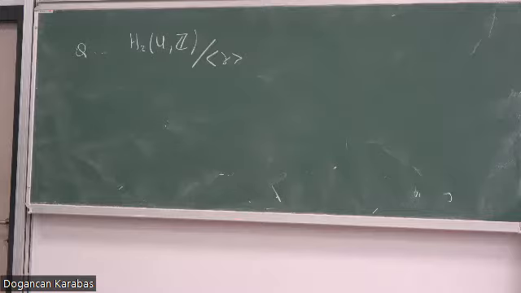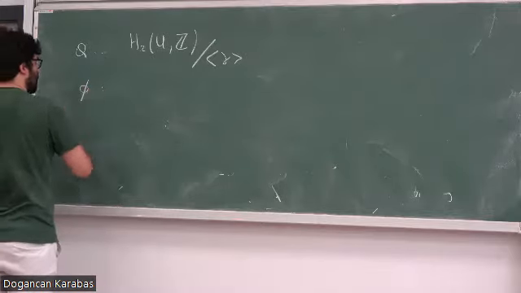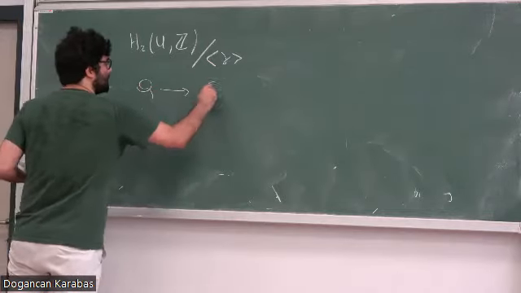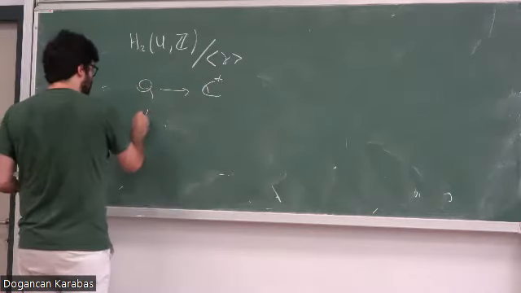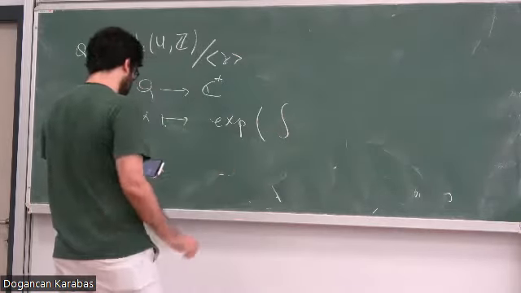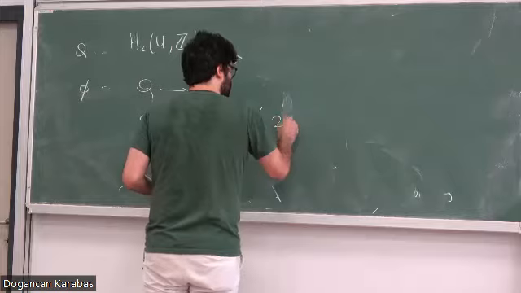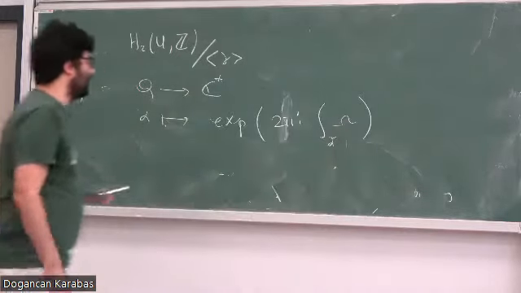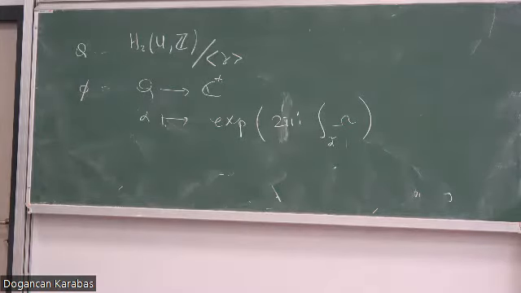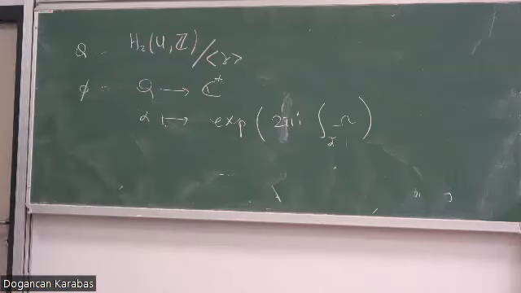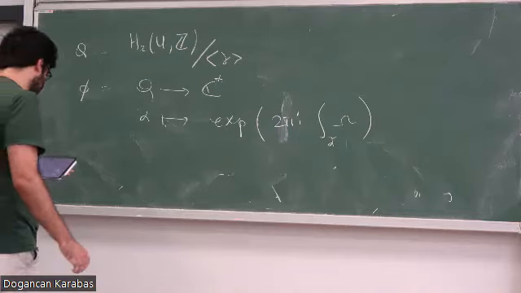And I can define a group homomorphism phi from Q to C star by taking an alpha and looking at the exponential of the period, 2 pi i times the integral of omega over alpha tilde. Okay, so alpha tilde: I have an element alpha in this quotient, and I just lift it in any way I want. The result doesn't depend on this lift. So that's what alpha tilde is.